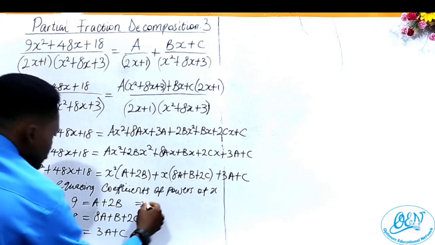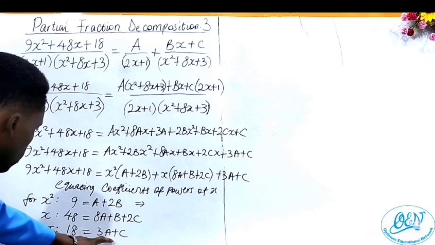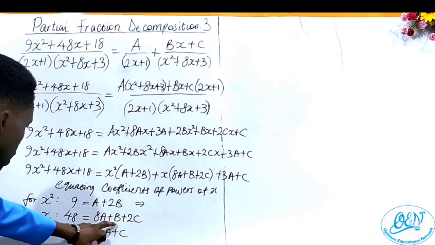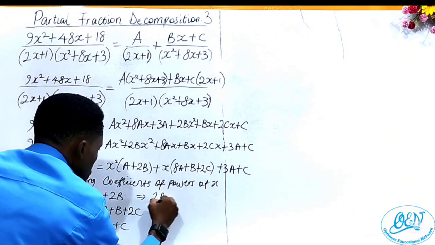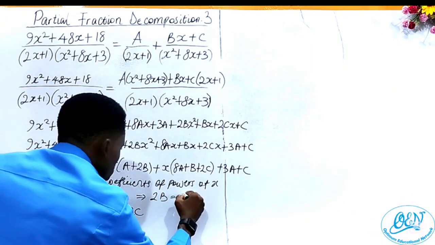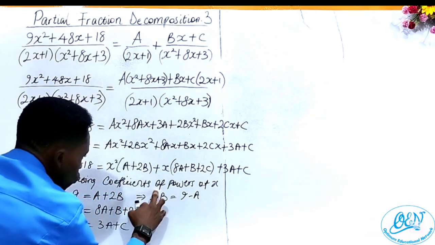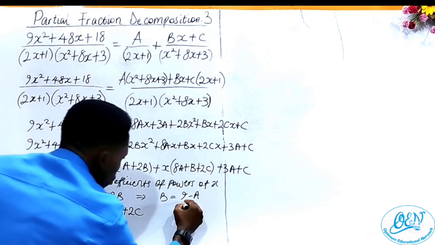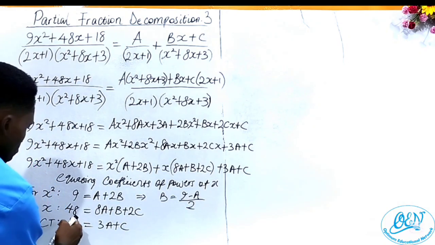As we are looking at this now, you can see that we need to solve for b. So 2b will be equal to 9 minus a. So b itself will be 9 minus a over 2.